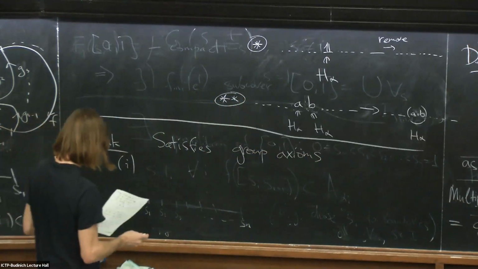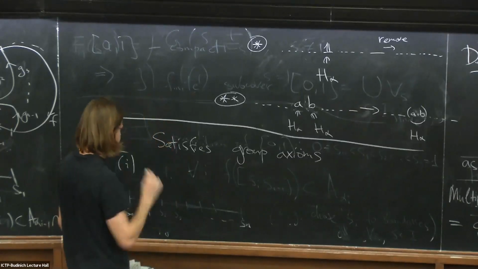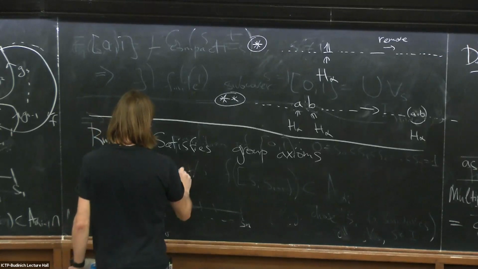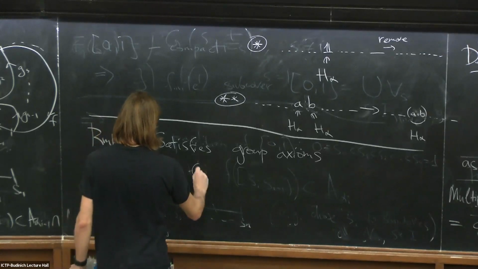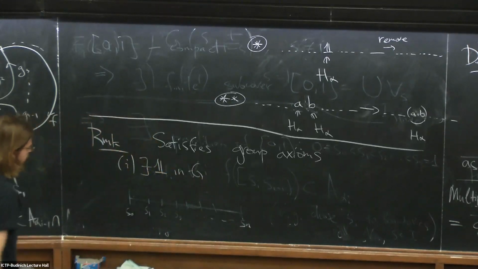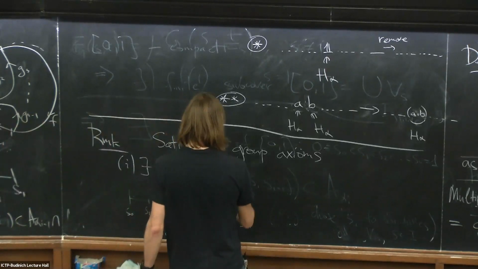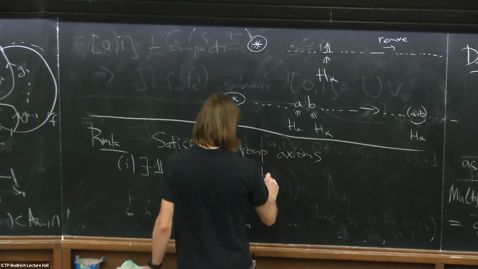So the first group axiom we have to check is the existence of identity. So the identity in G, which is the neutral element, is just given by the empty word.